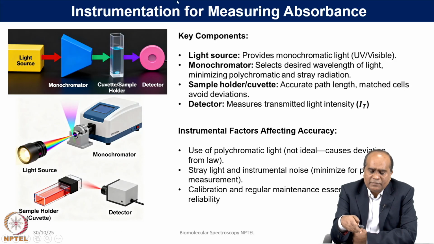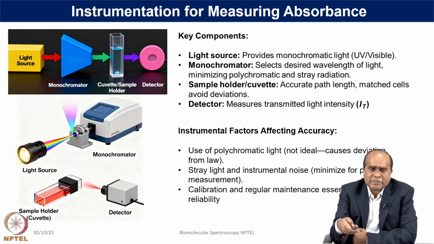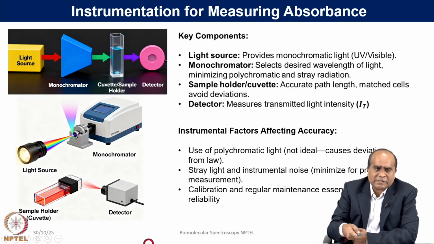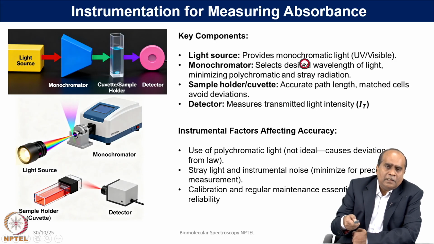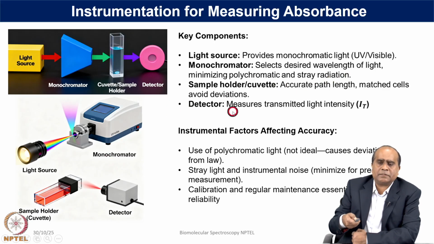All those experiments that we are doing of melting, hypochromicity and hyperchromicity can be done in this simple setup which is given here. It is not very costly; you require just a light source which provides monochromatic UV-visible light, a monochromator, a sample holder which is here, and a detector that basically detects the light, right.